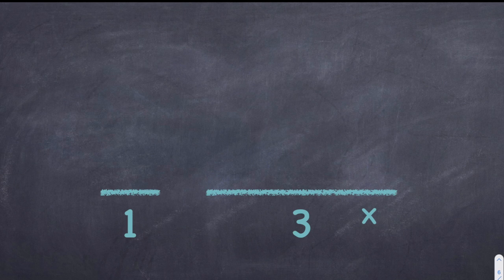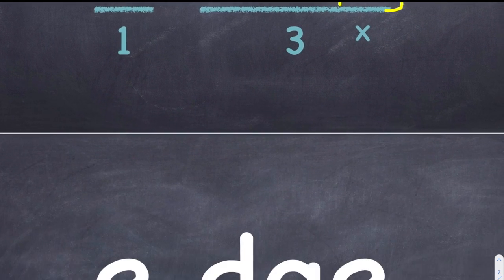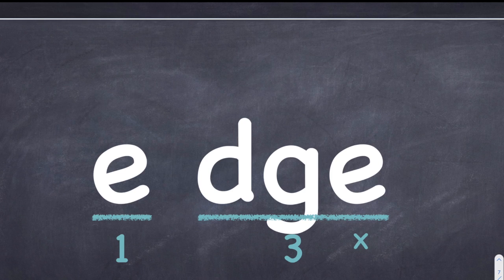Well, what you're going to have is that this 3-letter sound is going to have 2 letters that are combined together with a silent letter at the very end. I'm giving the hint with that E being right there as a letter that they should be able to know. So let's try and spell the word edge. What is that 3-letter spelling for the sound J? Okay, go ahead and try and spell it. And if this is what you got, great job.